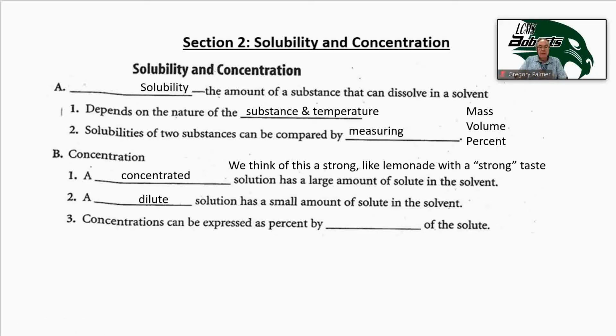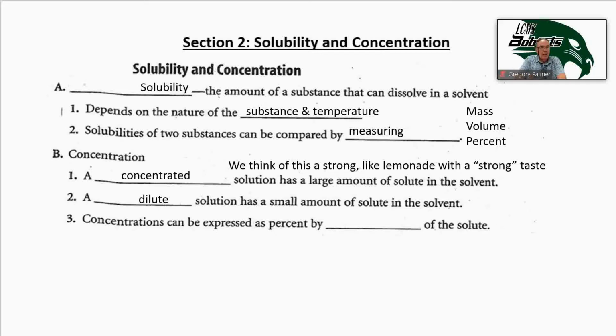Another example that kids sometimes are familiar with is when you go to a restaurant and get free refills. Sometimes the machine's not working correctly and it puts too much of the flavoring into the soda, and then it tastes really syrupy. That would be really concentrated with the flavoring that came from the soda company.